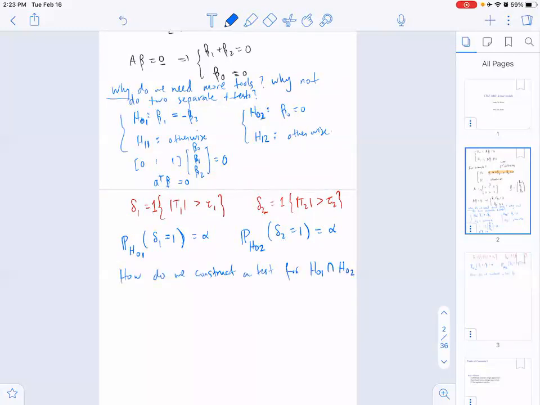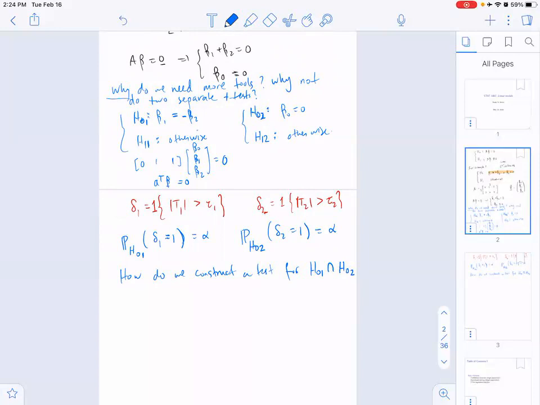So under both of these. What is a reasonable test? This one tells me whether the first null occurred, and this one tells me whether the second null occurred. So what is a reasonable test?